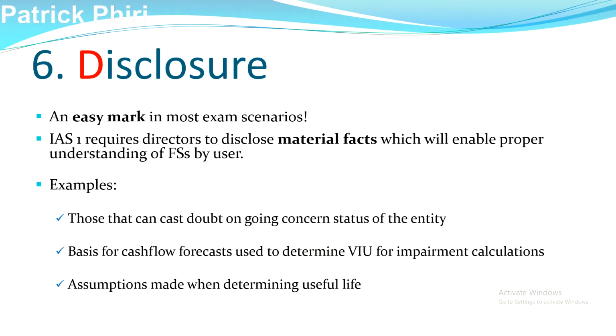The users will need to understand, because where are these figures coming from, which you are using for determination of value in use? Okay, what's the basis for the cash flow forecast? All right. Assumptions made when determining useful life, for example. All right. Lots of assumptions that go in the preparation of financial statements.